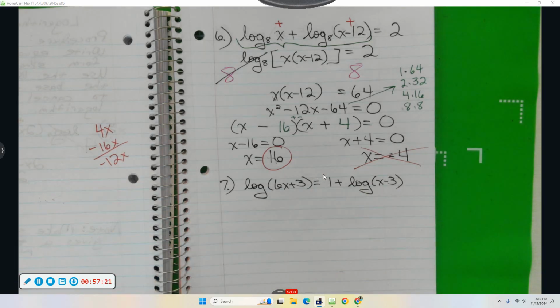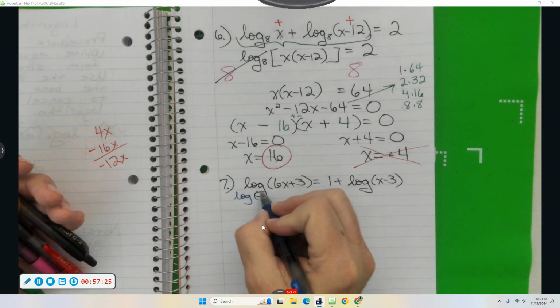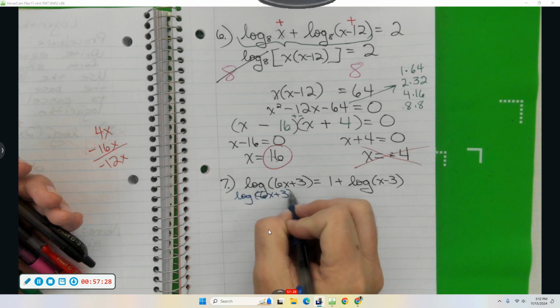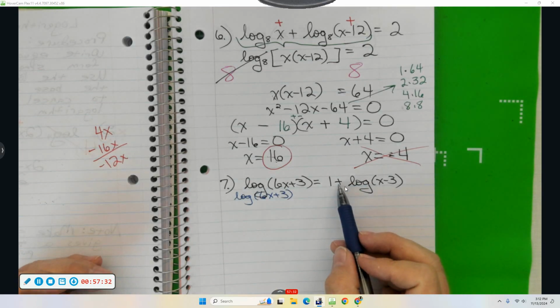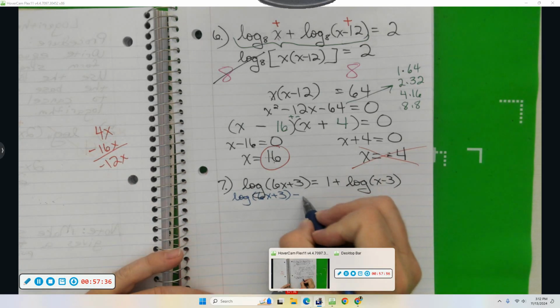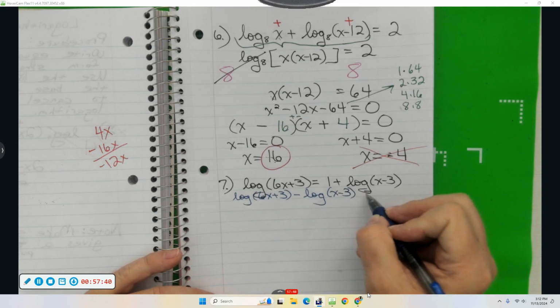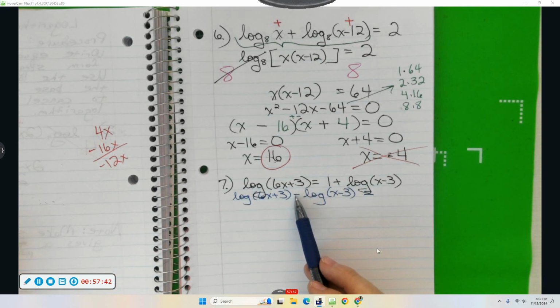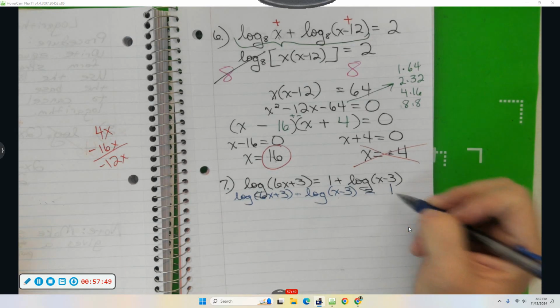So I'm going to have the log of 6x plus 3. I'll subtract the log of x minus 3 from both sides. The only sign that changes is the sign in front. The argument just stays x minus 3. And on the right hand side we have a 1.